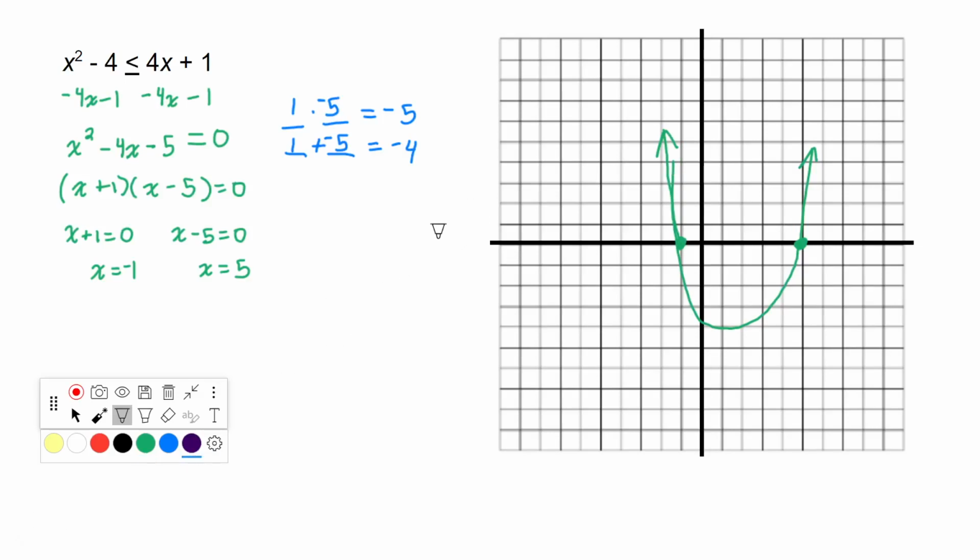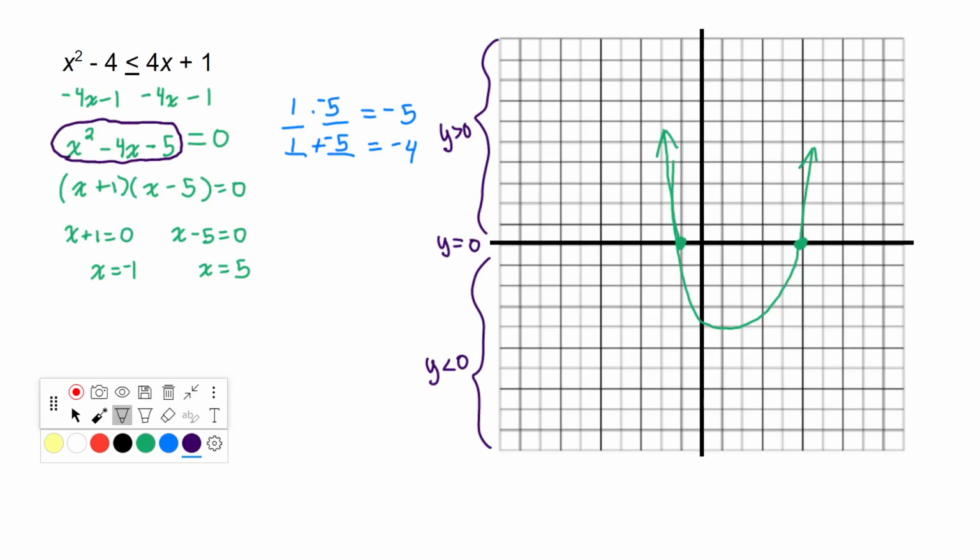Then, keeping in mind that the x-axis is y equals 0. Above that we have y greater than 0. Below that we have y less than 0. And that this trinomial is representing y values, and we had moved everything to the left side.